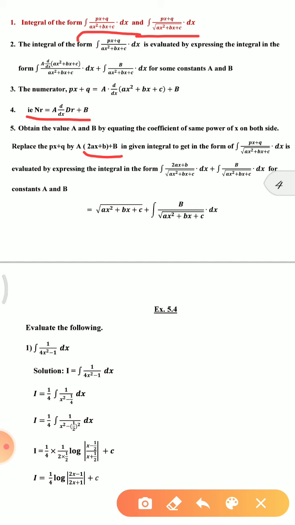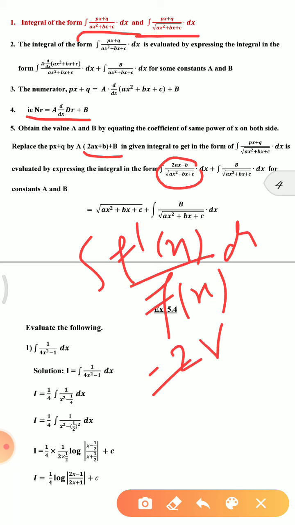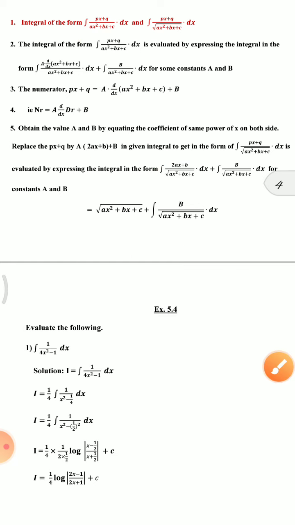You know the integration of f dash of x upon root of f of x dx is equal to 2 into root of f of x plus c, that means 2 under root of ax square plus bx plus c, plus the integral of B upon under root of ax square plus bx plus c.